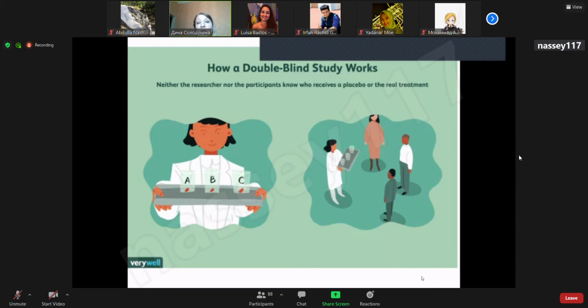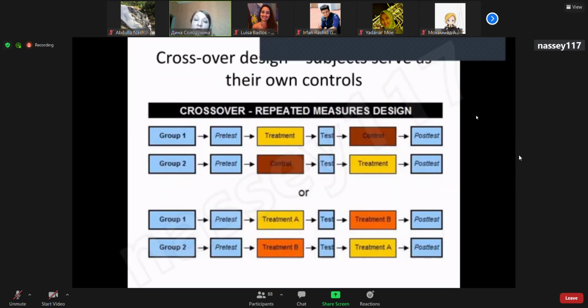Crossover design is a technique in which the same subjects are used as intervention group and control group simultaneously. Of course, simultaneously doesn't mean that a patient takes two drugs, a placebo and a drug. No sense. Or takes drug 1 and drug 2 because they can interact with each other, probably.